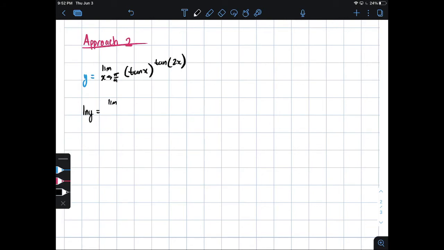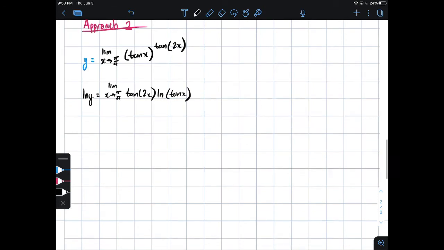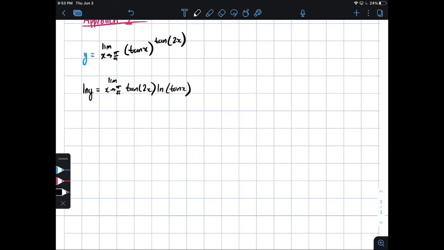So we're going to have the limit as x approaches pi fourths of tangent 2x times ln tangent x. And I kind of reduced some steps, but that's where you end up. And you might be like, oh, where do I go from there? And it's a little tricky, but what we're going to do is rewrite this so we can get a 0 over 0 and use L'Hopital's rule.